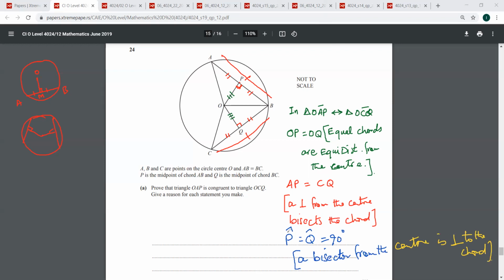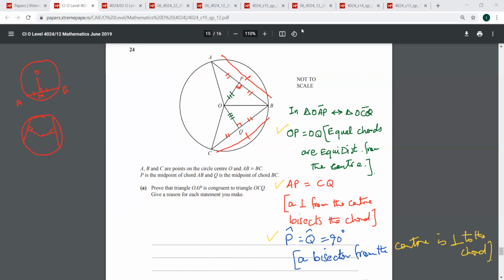Acha, I think we should have started from this. We should have told this property first, then this, and then this. This could be more logical. Anyhow, we have given 3 measures equal according to the given situation here.